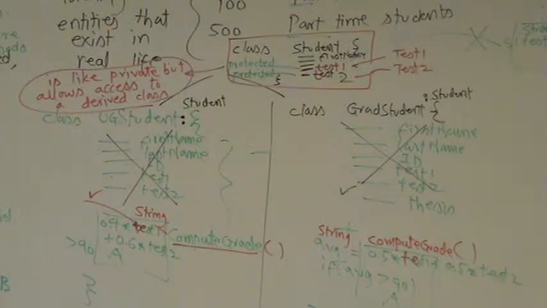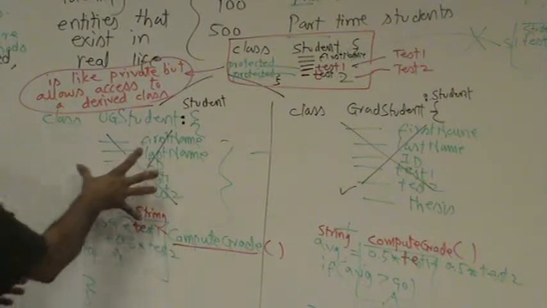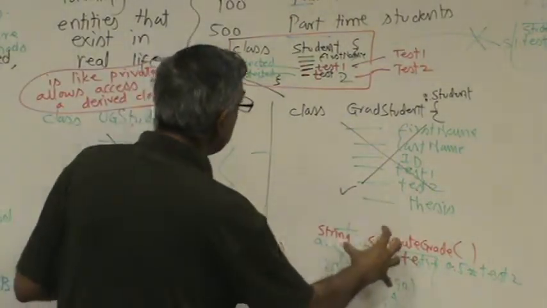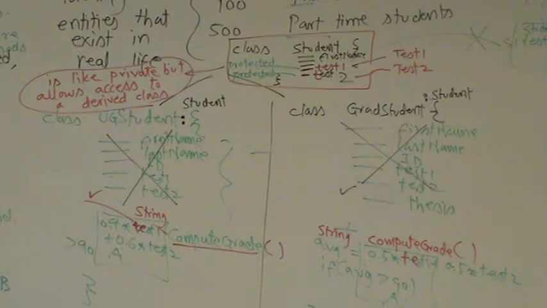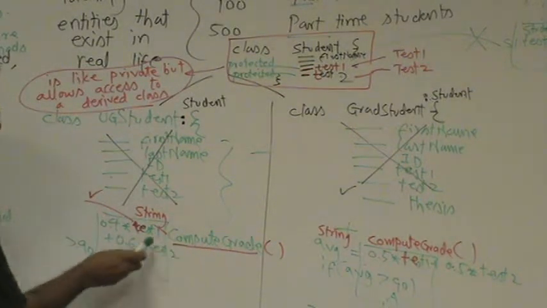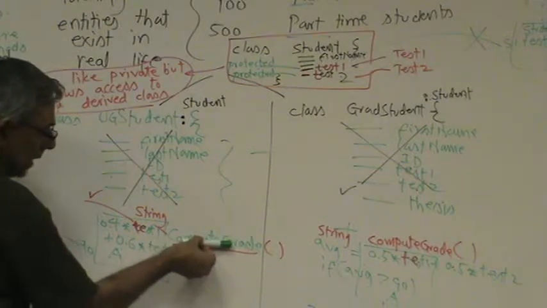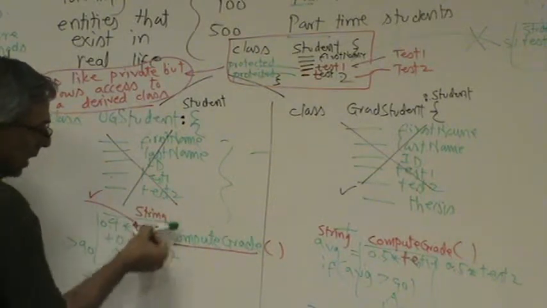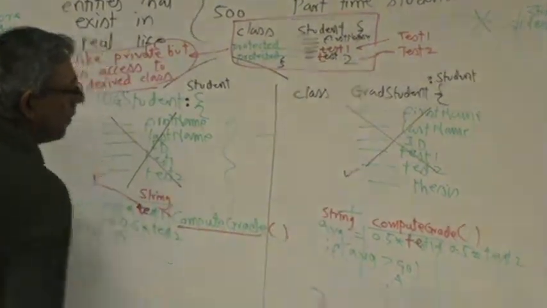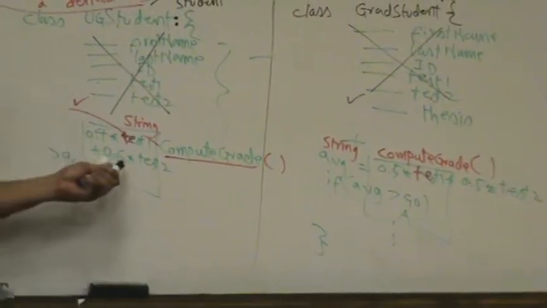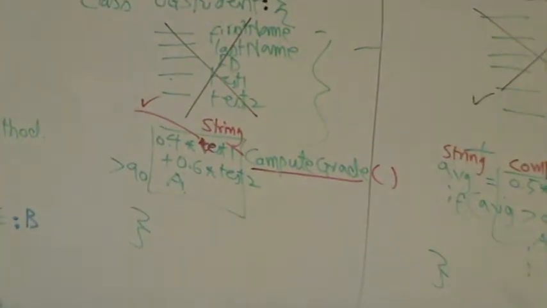Okay, so now there's another small complication, and the complication is, remember in good object-oriented programming, as we create classes, we take out the common things and move them to the base class, okay? So what should we do to this compute grade method? At least the signature, as you can see, is identical over here, right? Even though the code is different, okay?